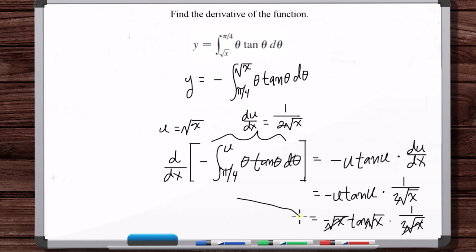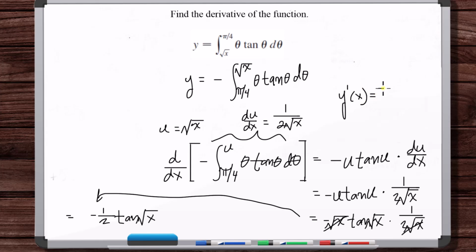So we've got minus 1/2 tangent root x. And that's it. There you go. So y prime of x is equal to minus 1/2 tangent root x.